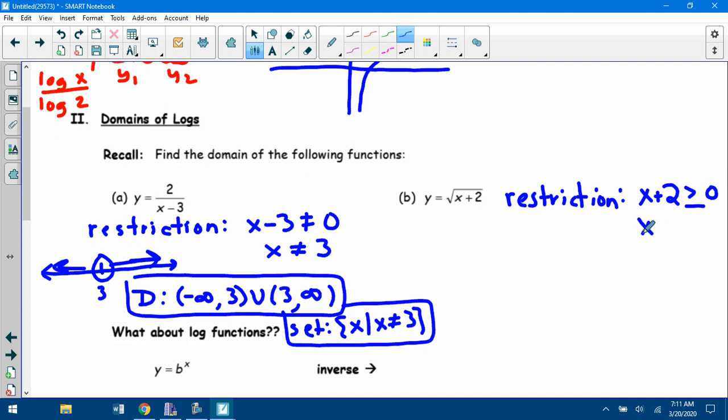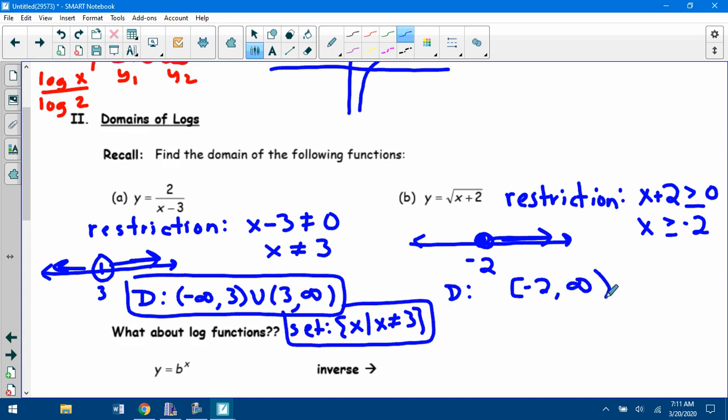So here I would have x is greater than or equal to negative 2, which means here's negative 2. It can be that because it's greater than or equal to, or anything bigger. So my domain, I'd either say bracket negative 2 to infinity if I was doing interval notation, or in set notation, I would say x such that x is greater than or equal to negative 2.